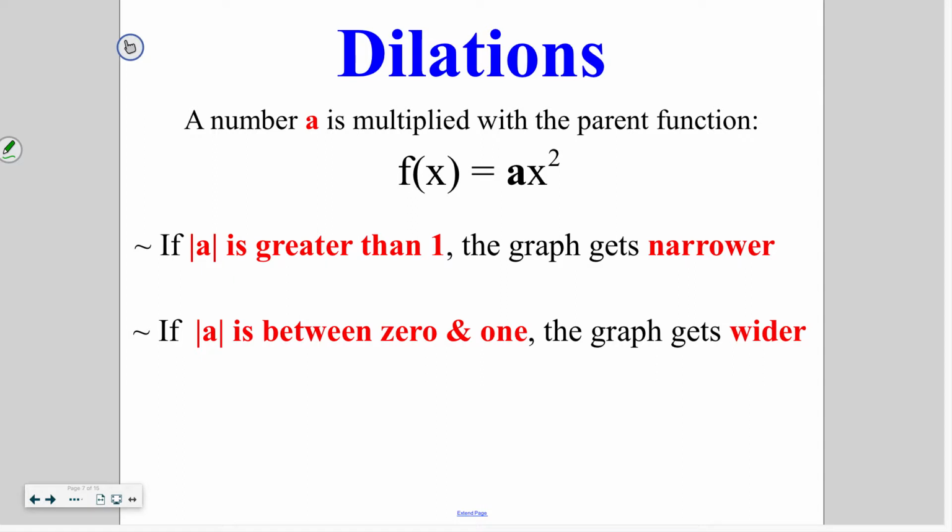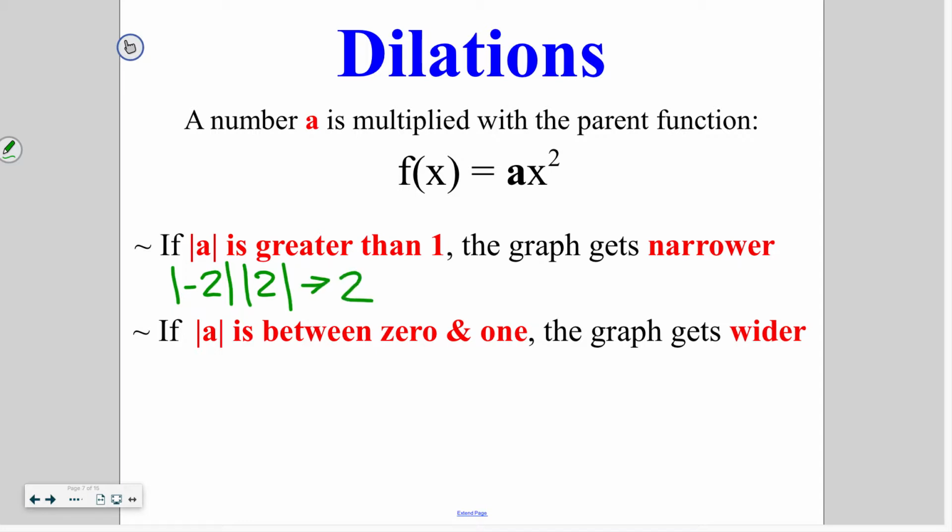The next example is dilation. This happens when there is a number being multiplied with x squared. In order to figure out if it is getting narrower or wider, we're looking at the absolute value of a. What that means is that -2 or 2 will have the same effect on the graph because we are looking at the absolute value, and both of those have an absolute value of 2.